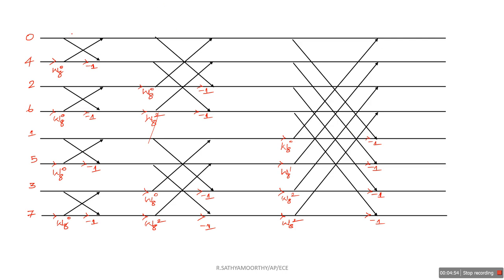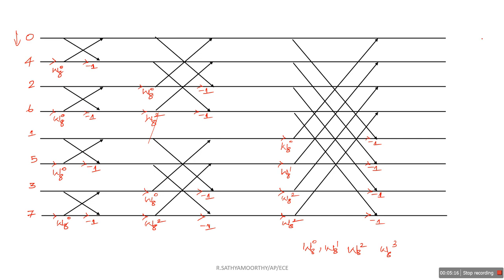See, what are the things you need to remember to work out the FFT problem: whether the input sequence or the output sequence is in bit reversed order, and the values of the twiddle factors W8 power 0, W8 power 1, W8 power 2, W8 power 3. These are the things you need to remember.